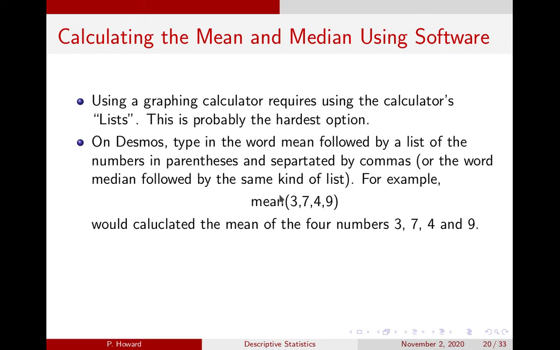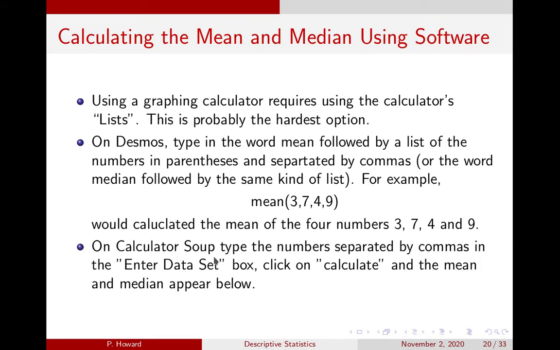So for example, if you typed mean left parenthesis 3, 7, 4, 9 separated by commas right parenthesis, this would calculate the mean of those 4 numbers. And similarly for the median. This is a pretty easy tool to use for calculating means and medians.